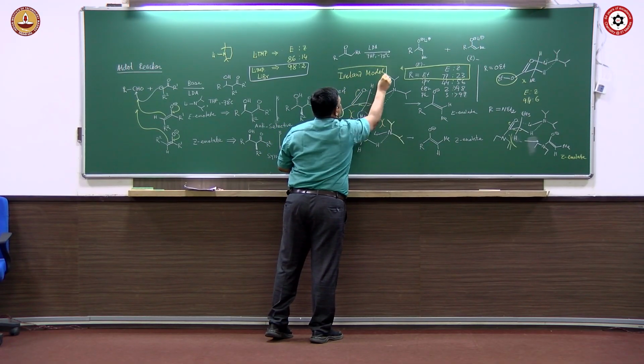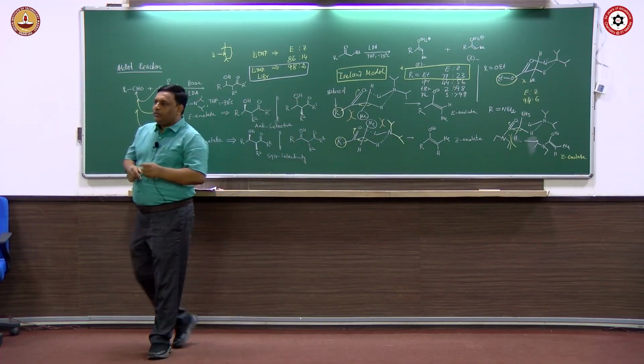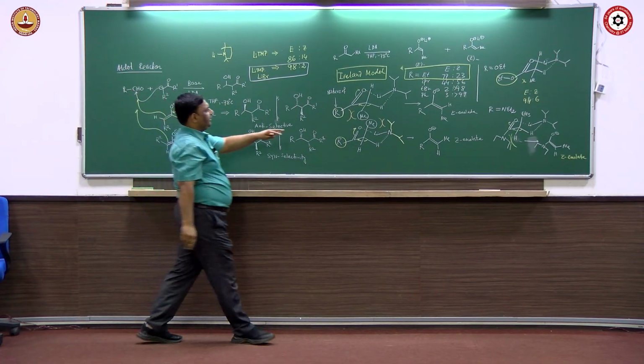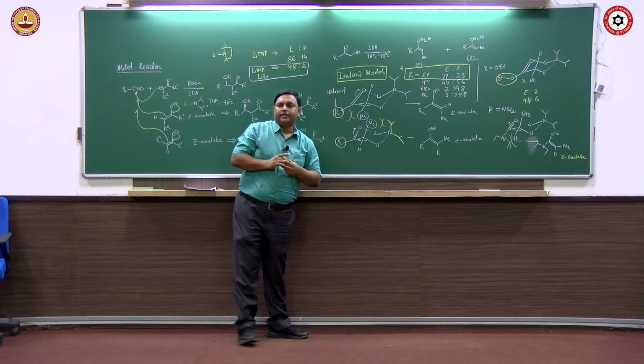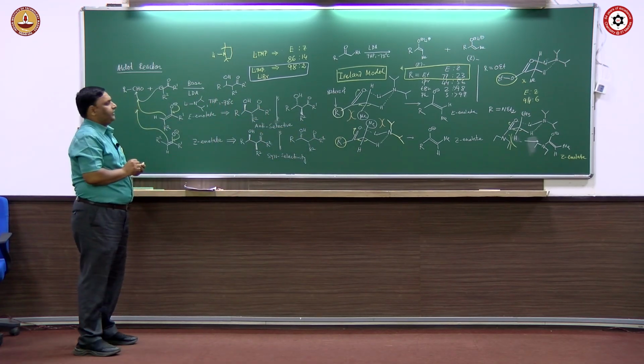So this is an Ireland model, which follows a 6-member transition state, where we can figure out which enolate is going to be formed majorly in this particular deprotonation strategy.